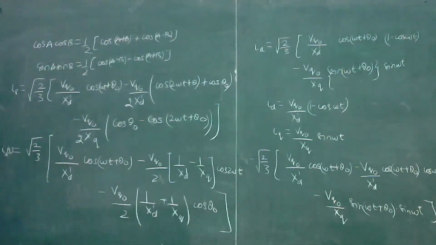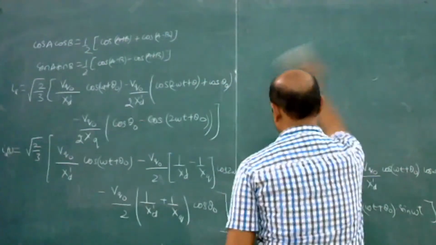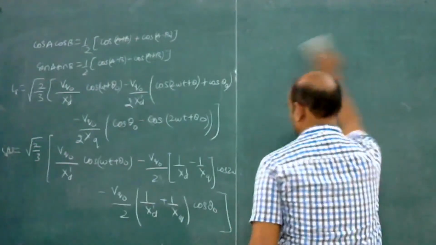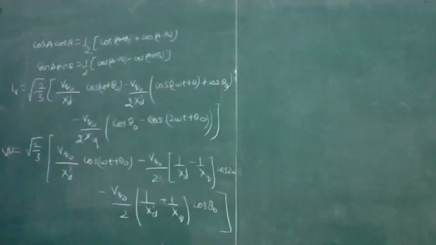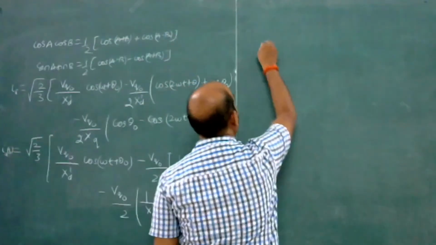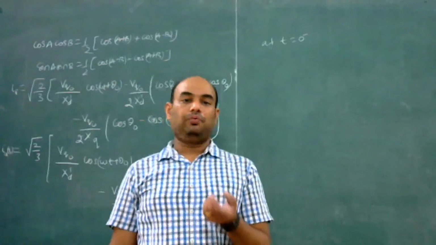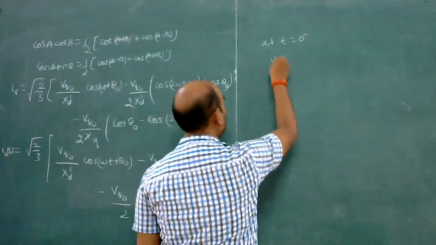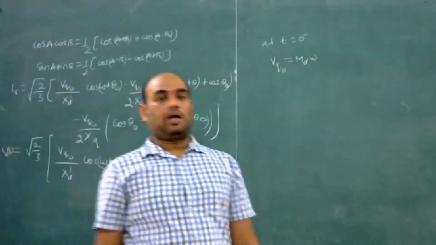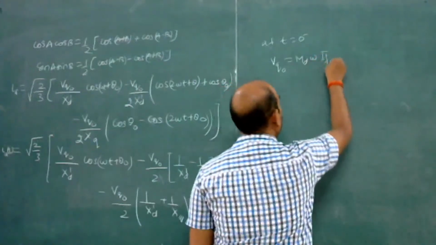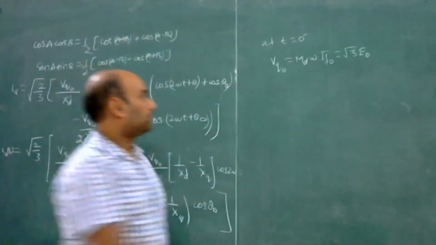Now before the short circuit, that is at t equal to 0 minus, the value of Vq naught is equal to omega M IF naught, which is equal to root 3 EF naught.